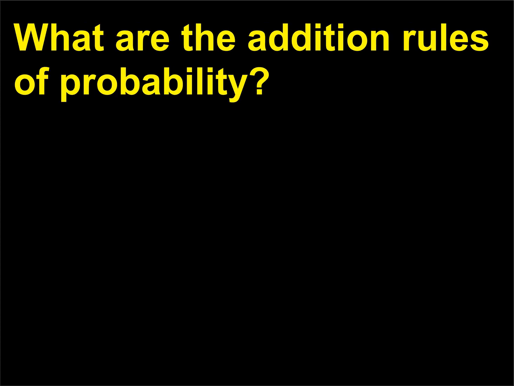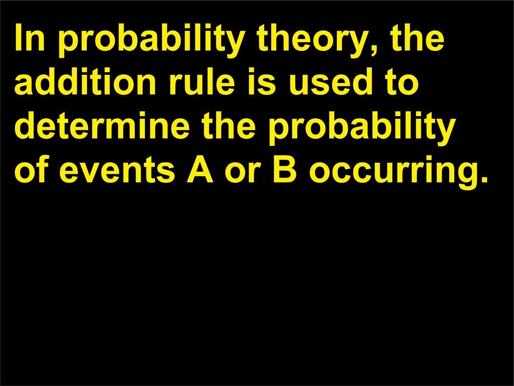What are the addition rules of probability? In probability theory, the addition rule is used to determine the probability of events A or B occurring.